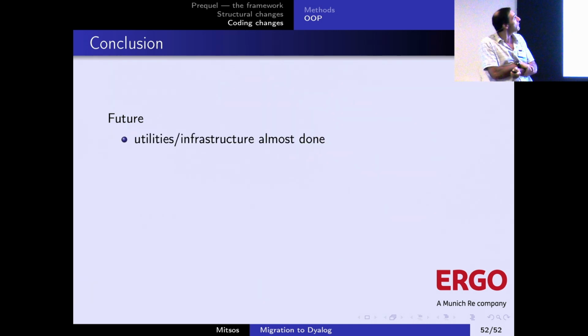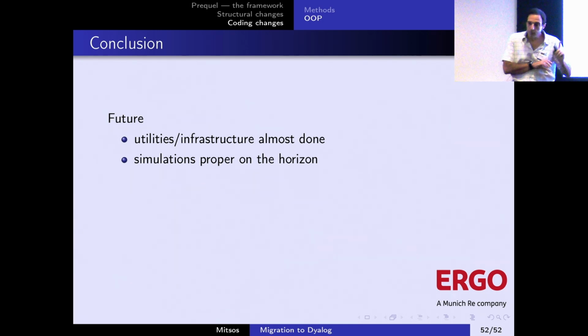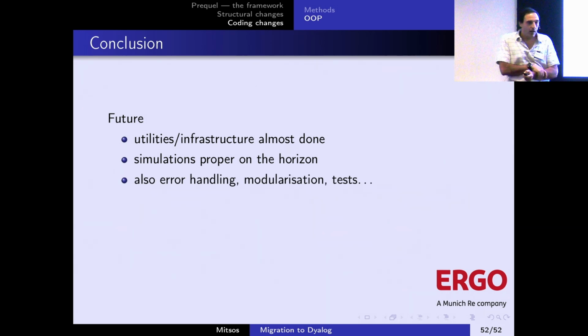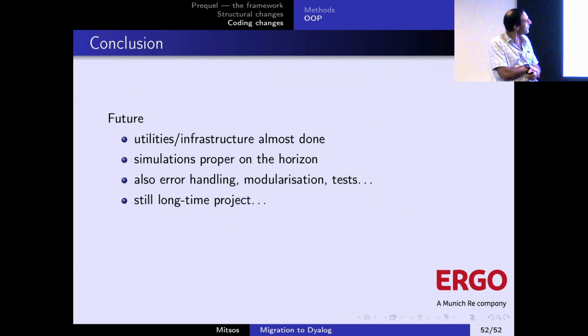Coding changes, what does the future hold? The basic utilities and the infrastructure are almost completely migrated. Now the simulations proper are on the horizon, the important applications. I do also some other things while migrating, like changing the error handling, modularisation, and such things.